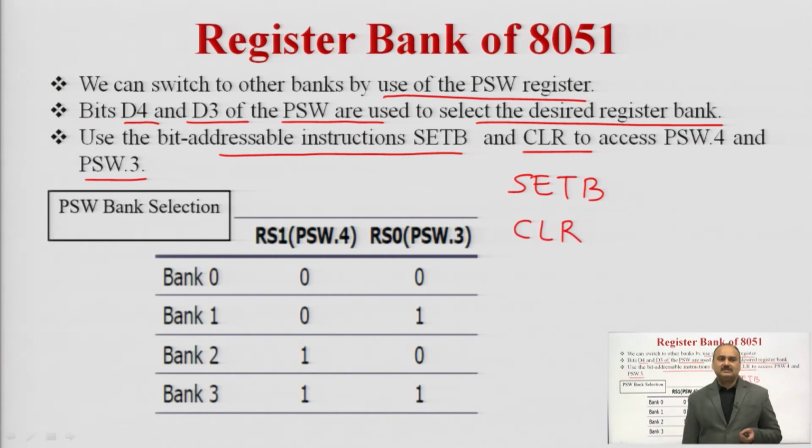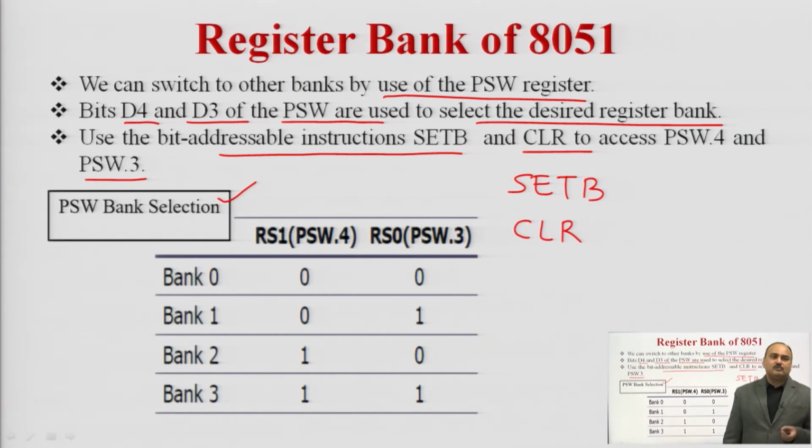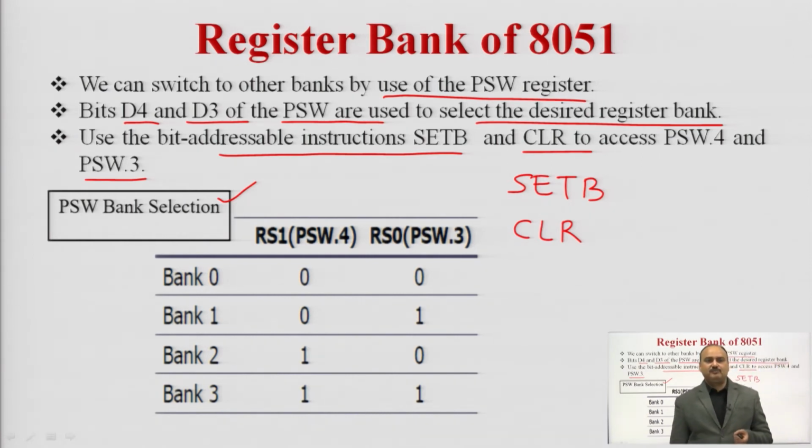Bit addressable means the instruction performs the operation on a particular bit of the register, here the program status word register. The program status word bits PSW.3 and PSW.4 are used to select the register bank of the 8051 microcontroller. Here I am talking about the PSW bank selection procedure, how to select the bank of the 8051 microcontroller with the help of the PSW register.